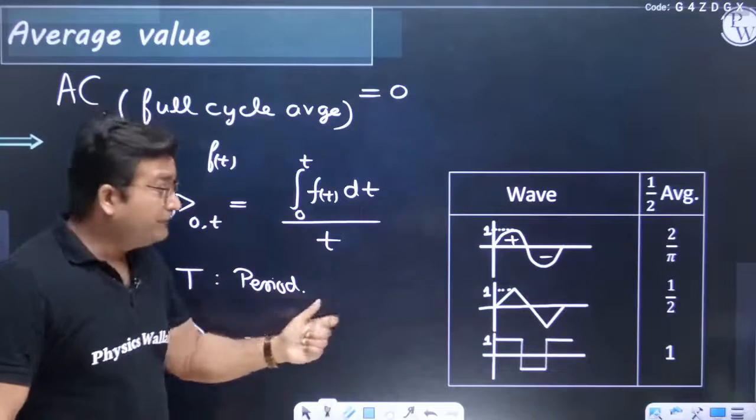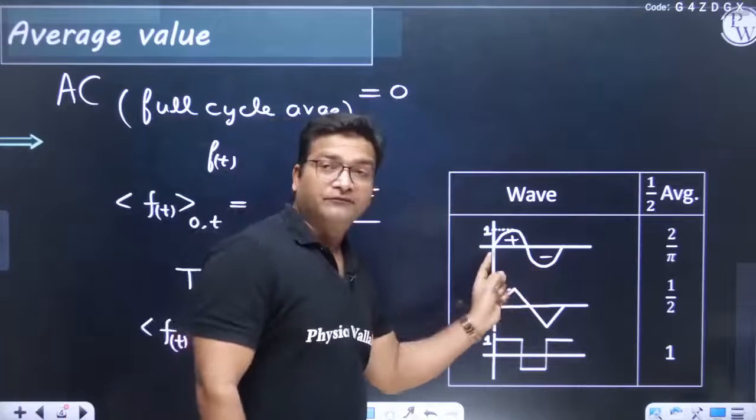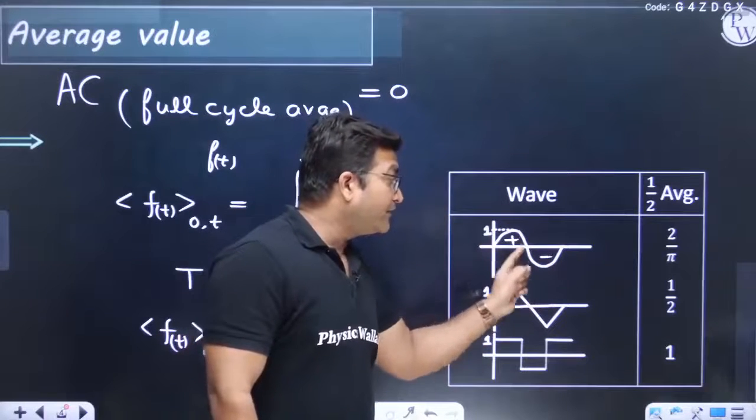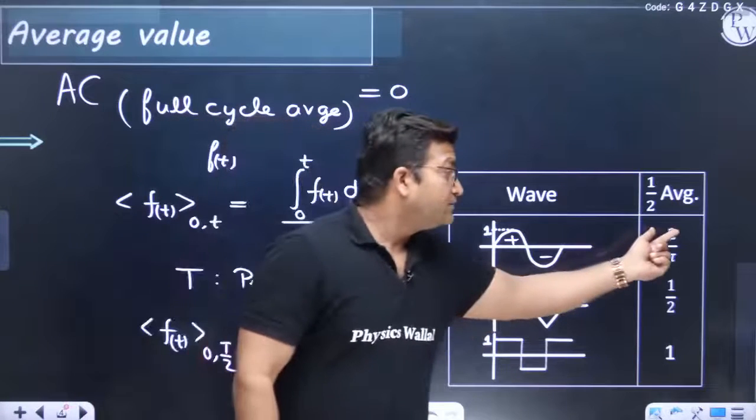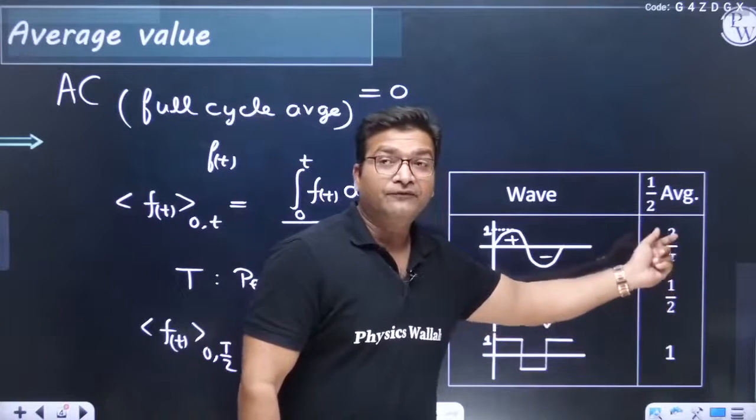Then if you have a sinusoidal wave, remember, the average is nearly 2 by pi times the peak value.